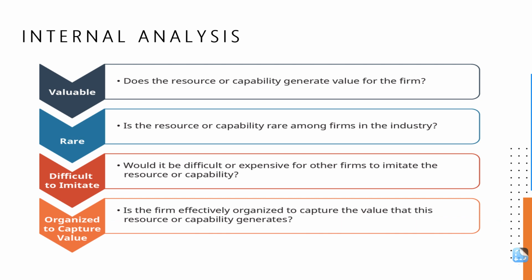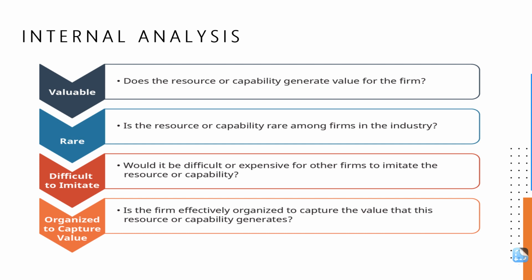Next, we are going to see internal analysis tools. We are going to see two tools here. The first one is VRIO: valuable, rare, inimitable, organized. What is meant by valuable? Does the resource or capability generate value for the firm?